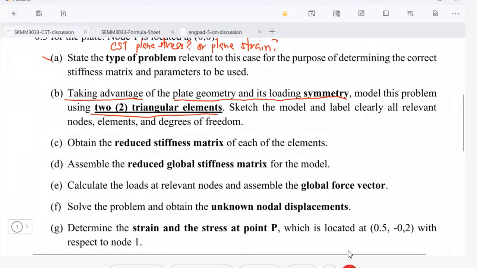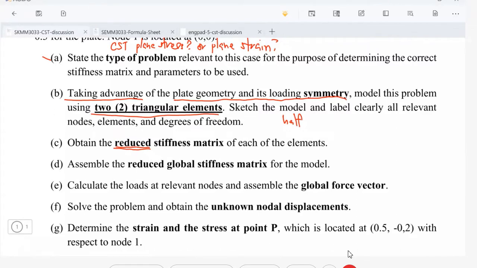Sketch the model, which in this case is the half model, and label clearly all relevant nodes, elements, and degrees of freedom. Obtain the reduced stiffness matrix.